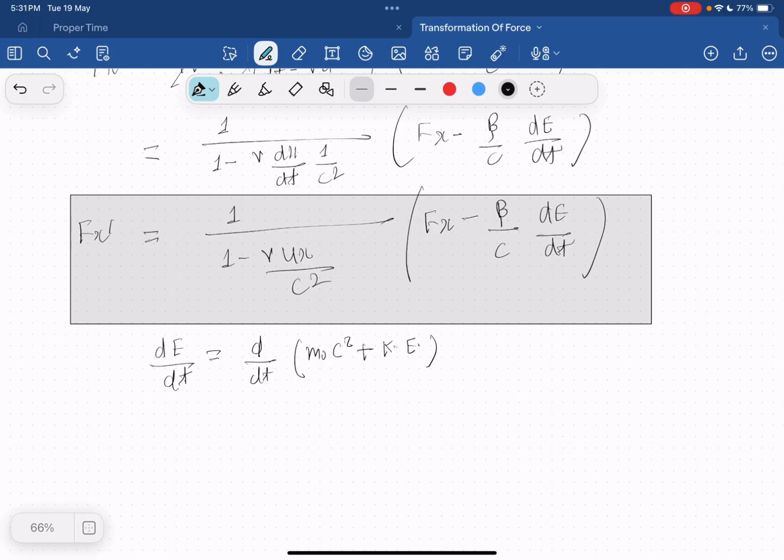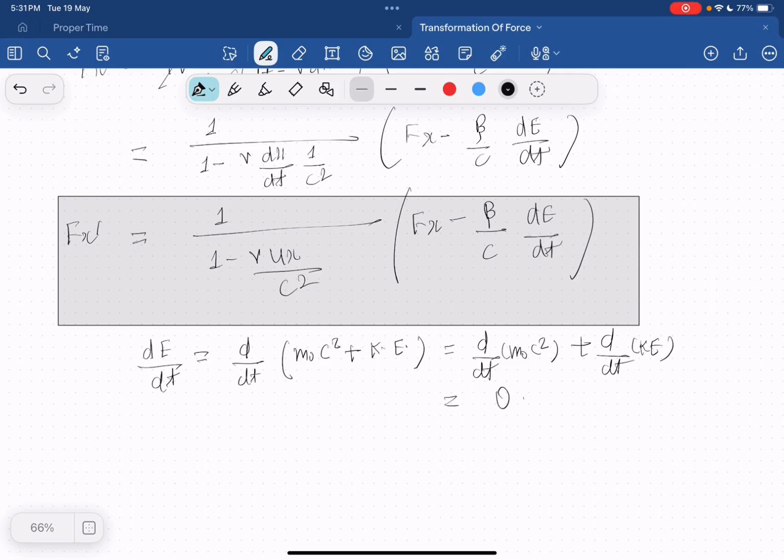This is the total energy. So this can be expanded as d by dt of m naught c square plus d by dt of kinetic energy. We know that m naught c square is constant, so this will be 0, and this will be simply d KE by dt.